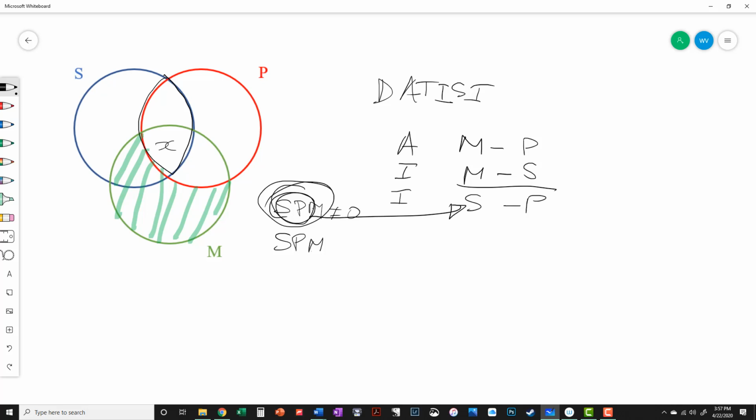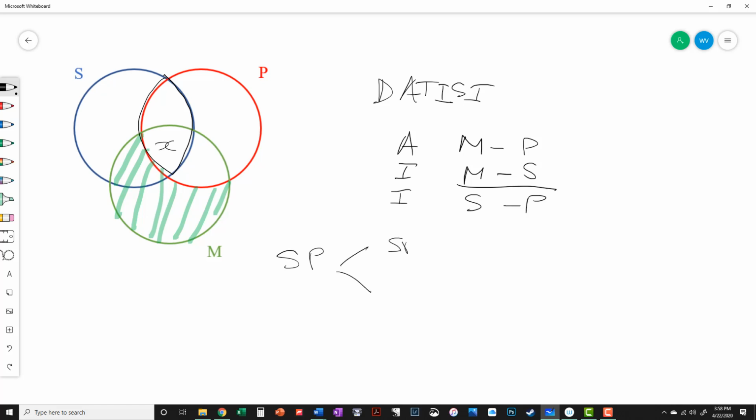Let me draw that a little bit more clearly. So this region here is SP, right? And there are two ways that you could have SP. You could have SP and M, or you could have SP with non-M. Now this conclusion, the I sentence, some S is P, only specifies that this is true. It doesn't tell us that it's got to be this way or that way. It could be either one.